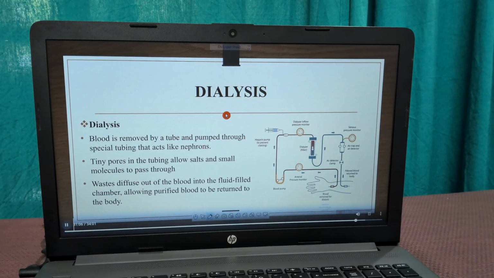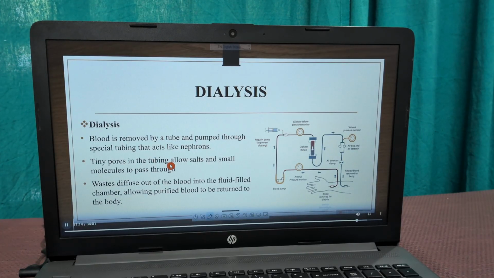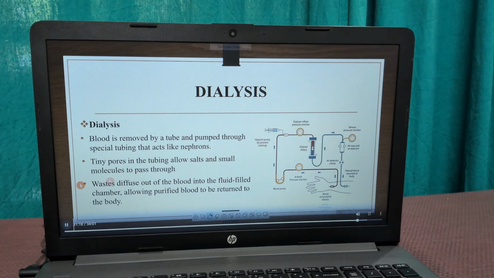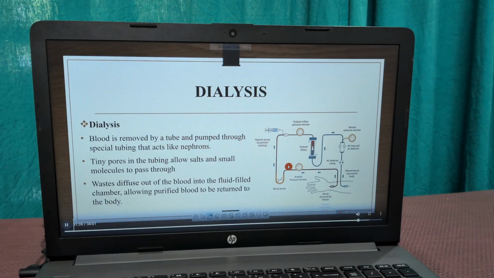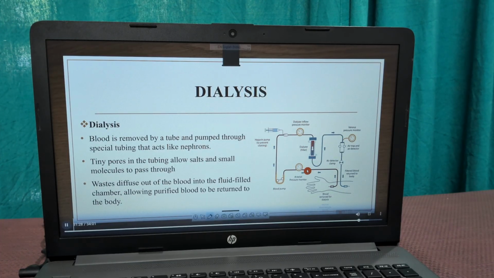There are two types of dialysis. Blood is removed by a tube and pumped through special tubing that acts like nephrons. Then it is attached to a machine. In that, tiny pores in the tubing allow salts and small molecules to pass through, and the waste is diffused out of the blood into the fluid-filled chamber.